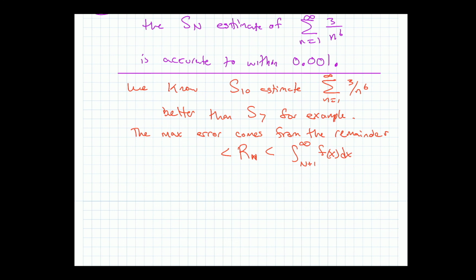The other side is what the remainder is more than. But why do we care about that? If we're trying to figure out the maximum error, we only need to look at this side. The remainder is less than what you have on the right. So we're just going to calculate this.